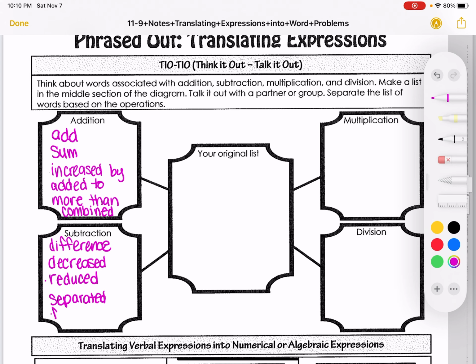All right, that's it for the first part of it. Moving on to the second, now we're going to be using what we've learned with the keywords to go ahead and write the expressions. So the first example they give us is Carla has 178 bags to sell at a market. Write an expression that shows how many bags she will have remaining if she sells 125 bags.